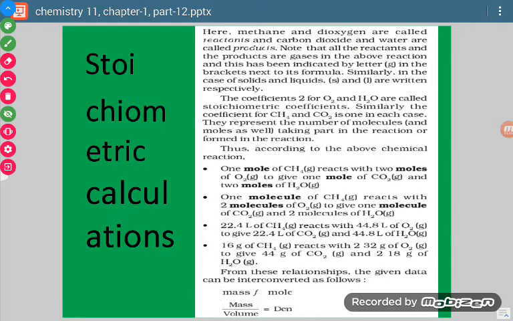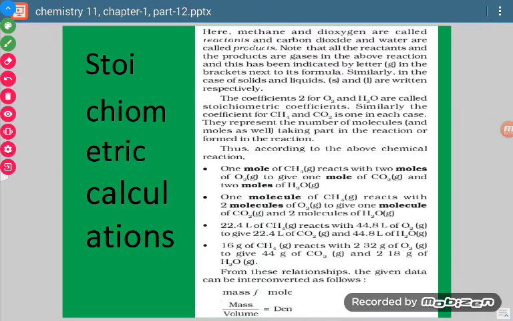If we want to calculate volume, then the condition should be STP, and we can take 1 mole as equal to 22.4 liters. And if we want to take mass, then 1 mole mass will be equal to gram atomic mass or gram molecular mass, depending on whether it is an atom or molecule. If we know this much, then by using this we can calculate whatever is required.